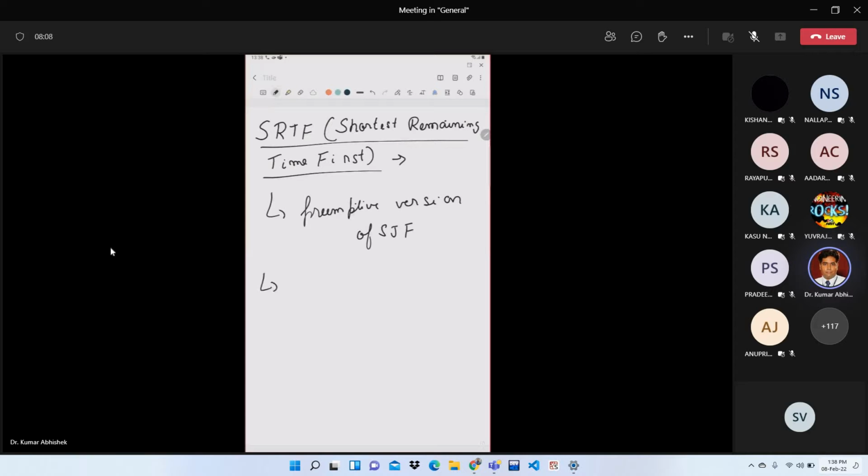That means whenever a new process arrives, the short-term scheduler will be running or will be doing context switching.